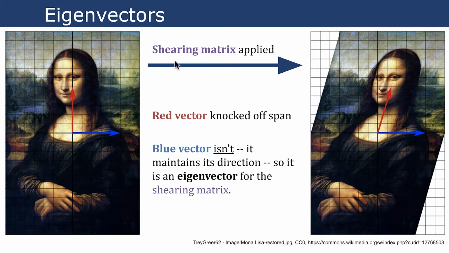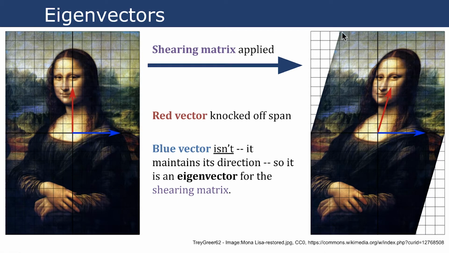If we take a different matrix, a matrix that applies a shearing effect to our image, then in this case, the red vector is no longer an eigenvector, but the blue vector still is. So when we apply a shearing matrix to the Mona Lisa, the painting maintains its size from left to right, but it's shifted at the top.